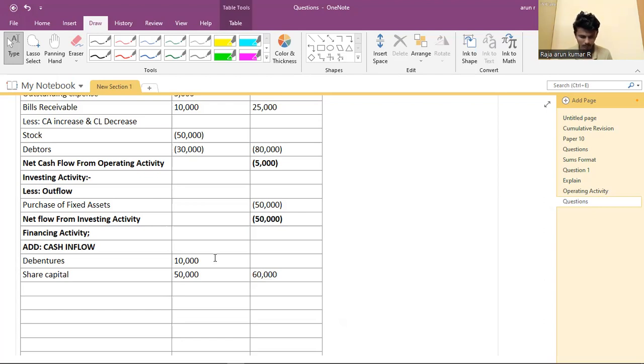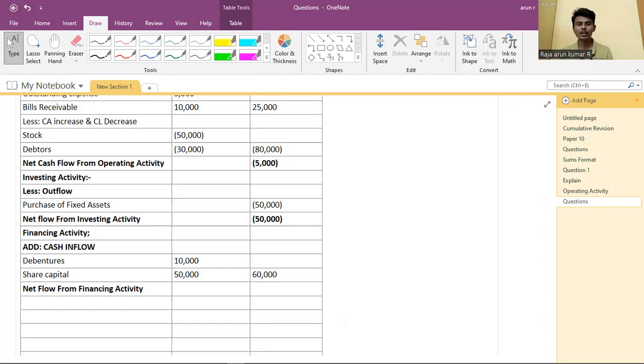This we concluded: net flow from financing activity. I simply do the sum shortly. In the examination, you just elaborate it. Then only you can understand that format. In the financing activity, add the cash inflow and less the cash outflow. That format you follow.